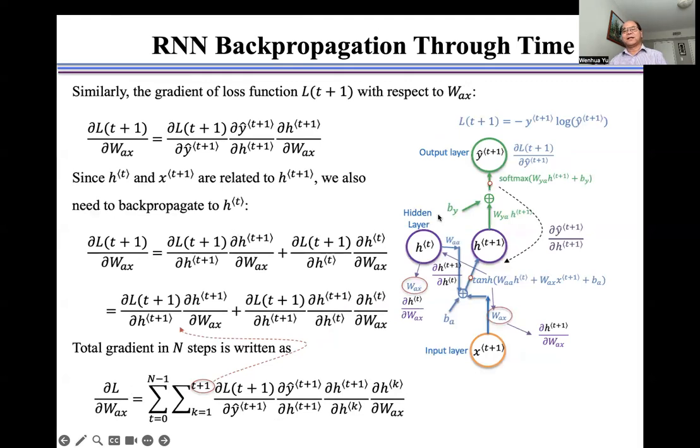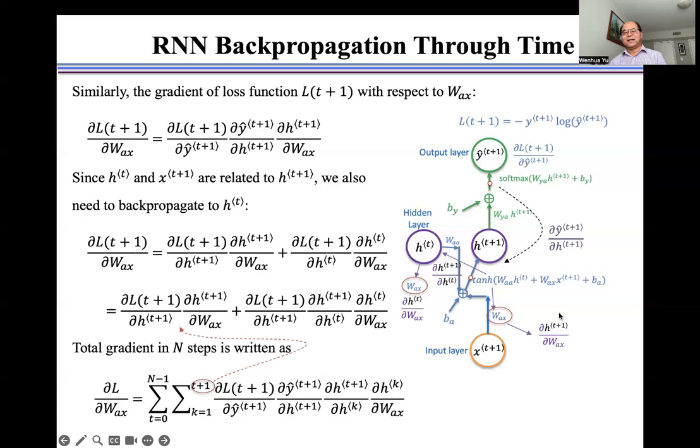And then, following the same idea, we calculate the gradient of the loss function L with respect to this WAX. We further calculate this gradient, because we have two contributions to this h t+1. One is WAX in the current cell, one is in the previous cell through this previous hidden state. So we calculate them separately.